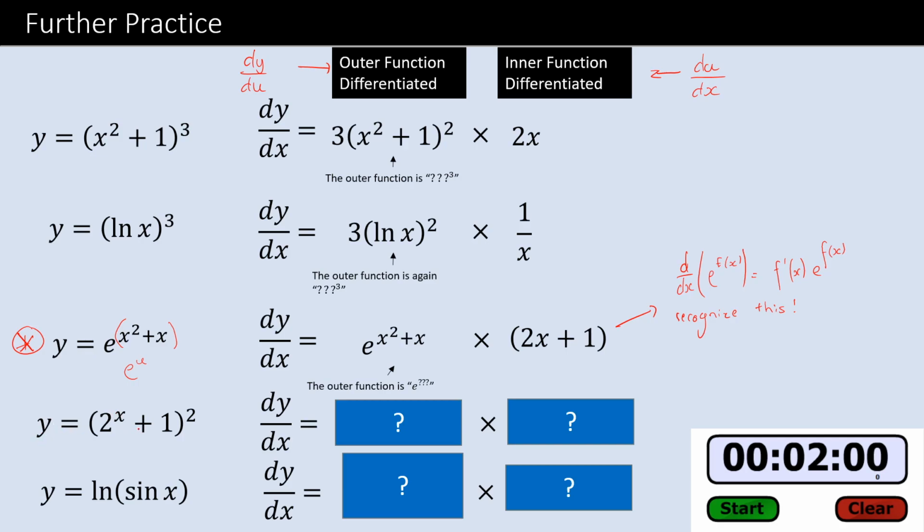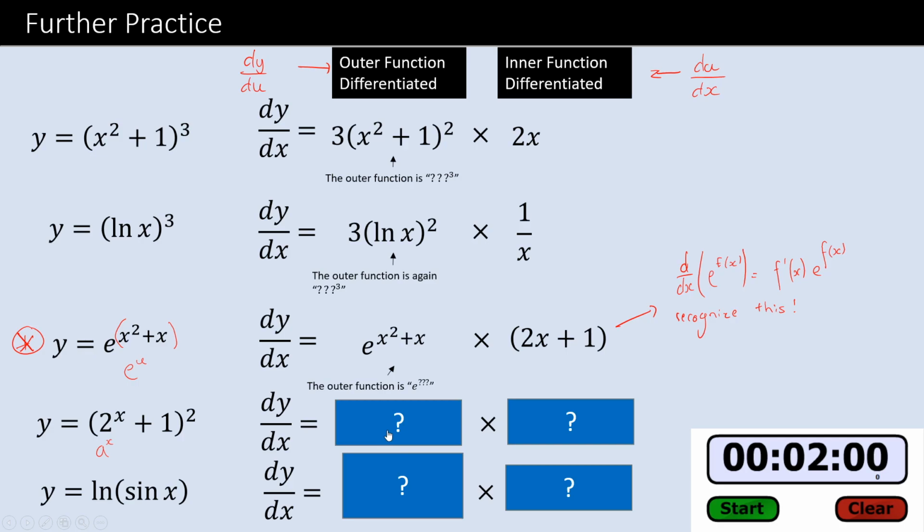2 to the power of x plus 1 squared. Now, this kind of thing we looked at when we were doing logarithms. We said that if we had a to the power of x, that differentiates to a to the power of x times some other term, which I'm hoping you remember. So let's deal with the outer function first. It's just h squared.